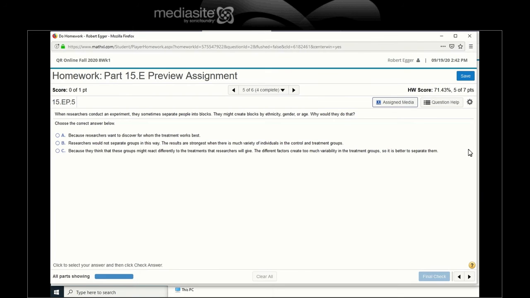When researchers conduct an experiment, they sometimes put people in blocks. They might create blocks by ethnicity, gender, or age. Why would they do that? Because researchers want to discover for whom the treatment works best. Researchers will not separate groups in that way. The results are strongest when there's as much variety of individuals in the control and treatment group. Because they think that these groups might react differently to the treatment that researchers will give.